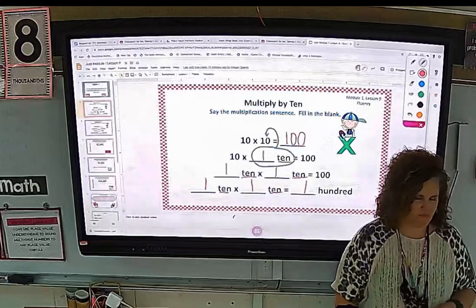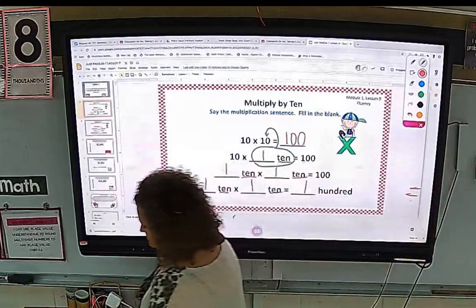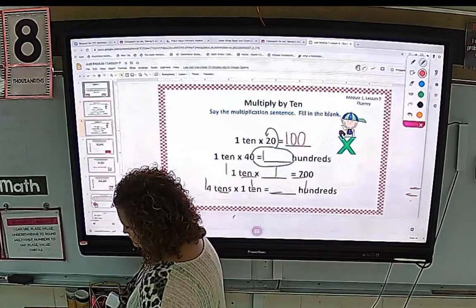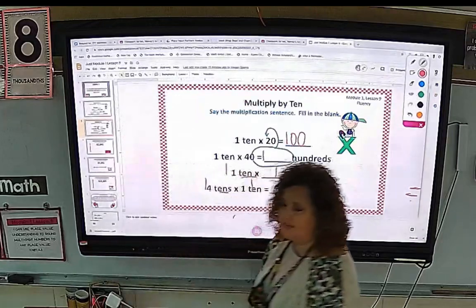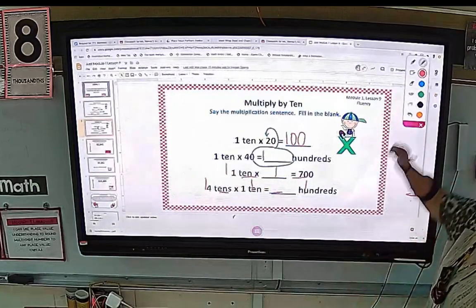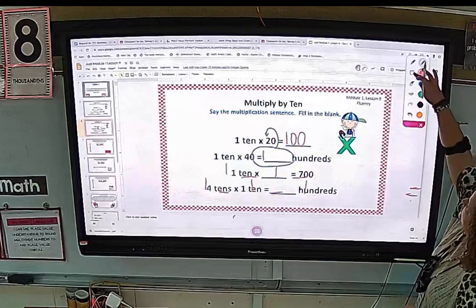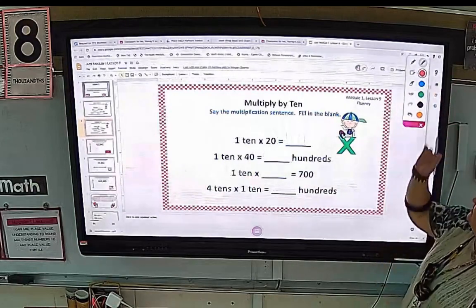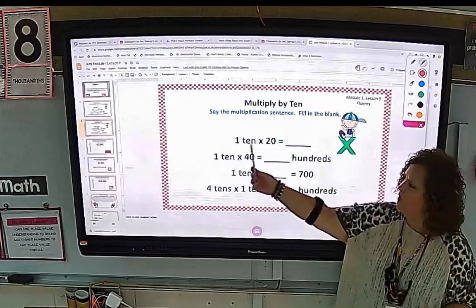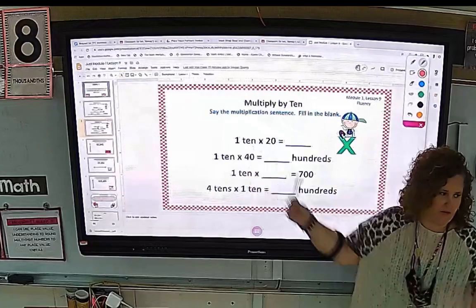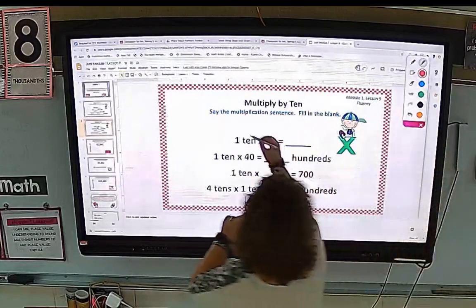All right. Let's look at one more slide of practice. Let's see if this makes sense to us. It doesn't with all that mess on the board. There we go. Okay. Remember, 1 ten is the same as this right here.